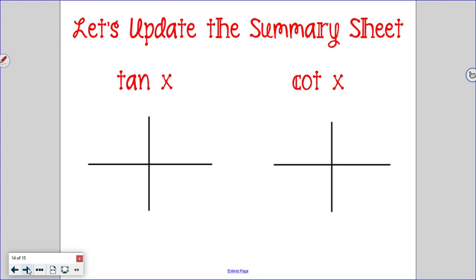Tangent, we want to remember, I always remind myself what that fraction is, which is sine over cosine, which reminds me that I'm dotting out a cosine curve when I do this. Oops, that's not a cosine curve.